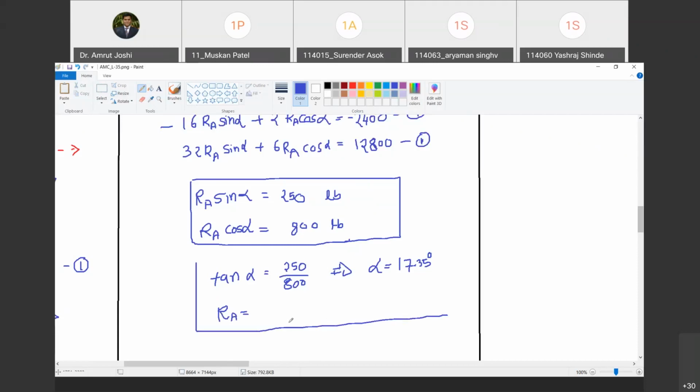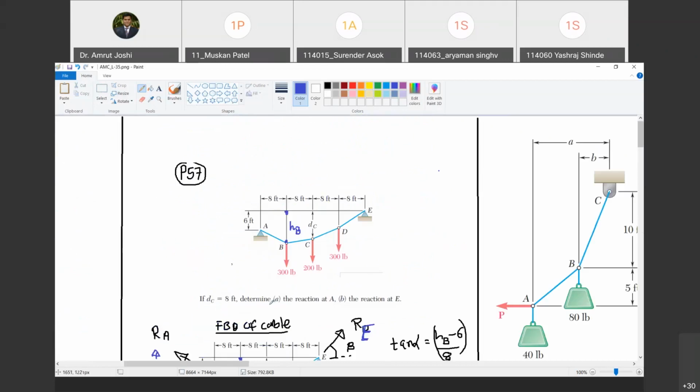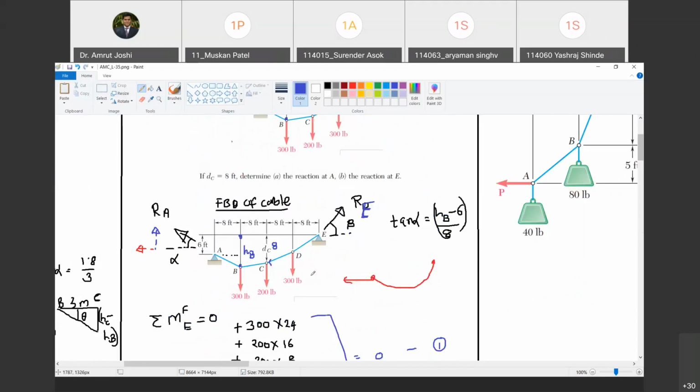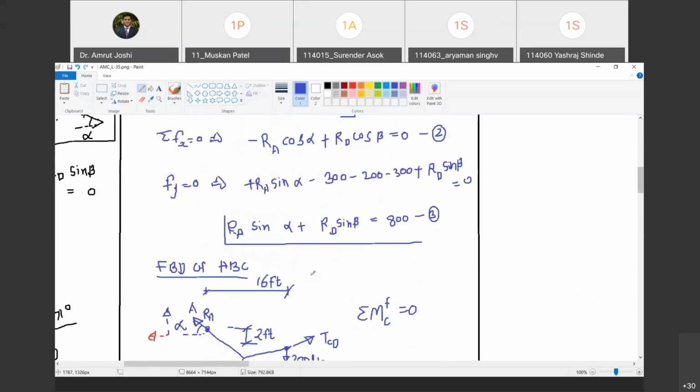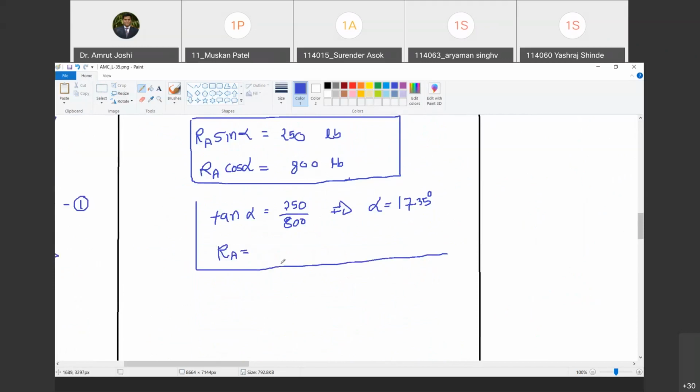And what is the value of RA then? 838.34 pounds. And as it has turned out to be positive, therefore it is at an angle alpha with the horizontal in this fashion.